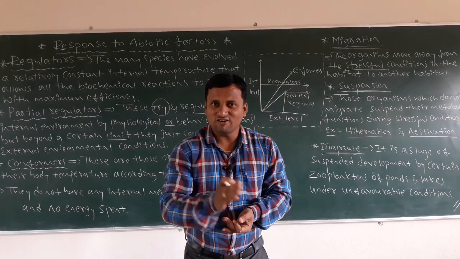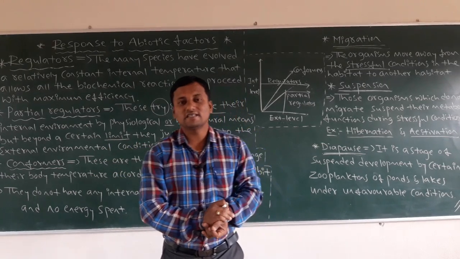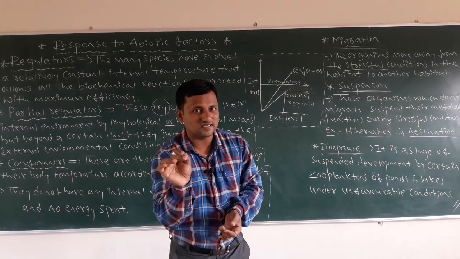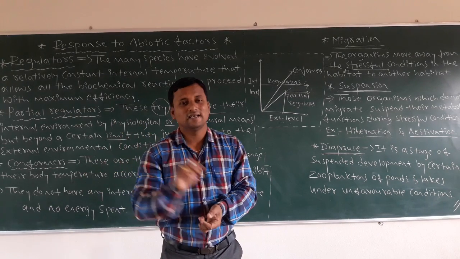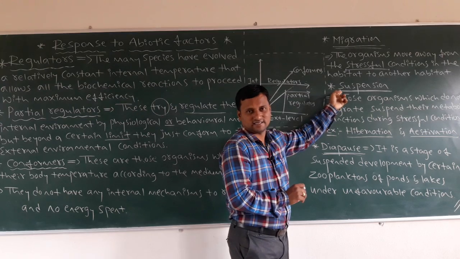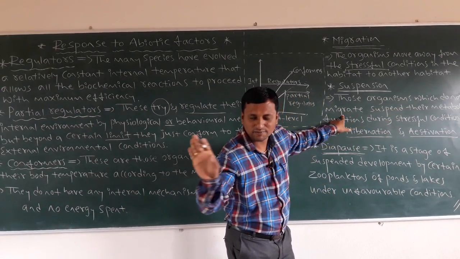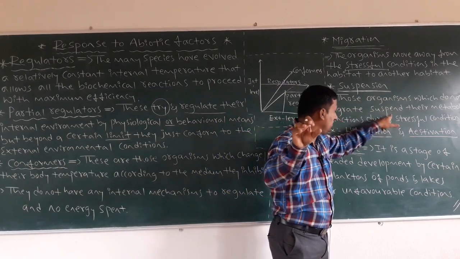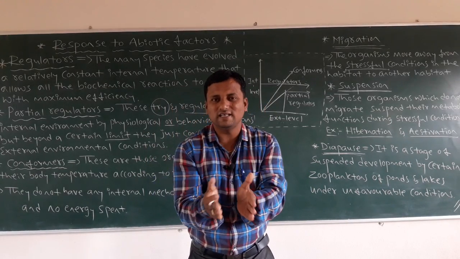Migratory organisms escape those stressful situations in their habitat, but suspension organisms must face that critical situation in their habitats. So those organisms are called suspended organisms. They cannot migrate even though the situation is stressful, so they suspend their metabolic functions.